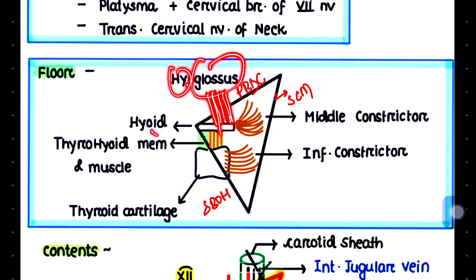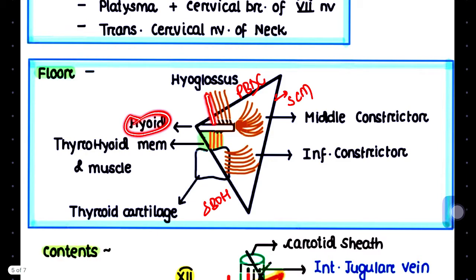Hyo means hyoid bone, and glossus denotes tongue. This muscle comes from the hyoid bone and goes and attaches to our tongue. So one most important constituent of the floor of carotid triangle is our hypoglossus.